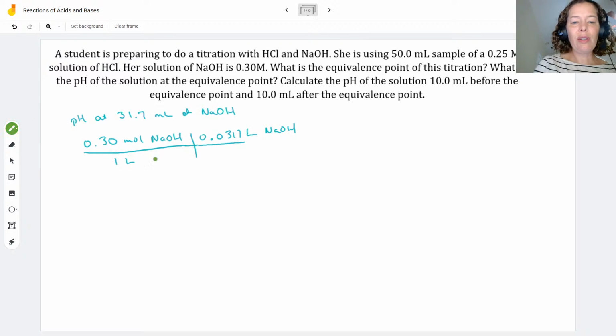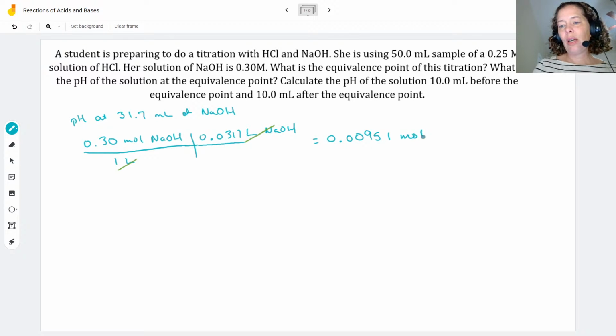Again, making sure that units cancel always, liters. So at this point, 10 milliliters before I have reached the equivalence point, I have not added very many moles of sodium hydroxide, but that's how many moles of sodium hydroxide that I have added.